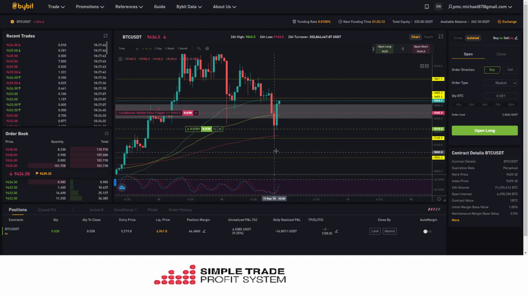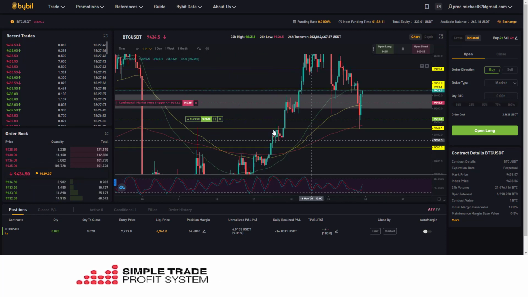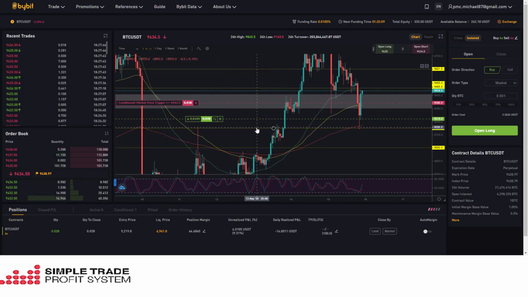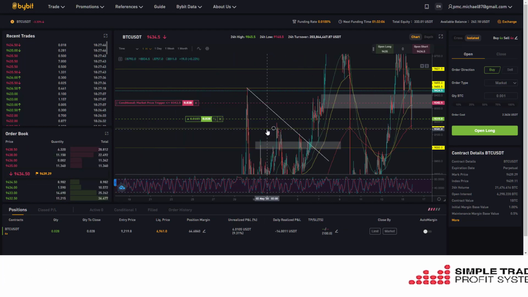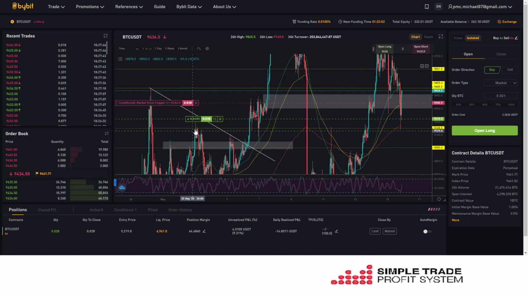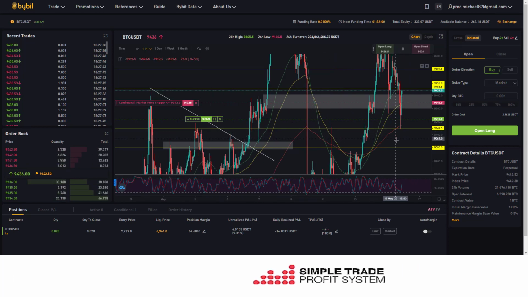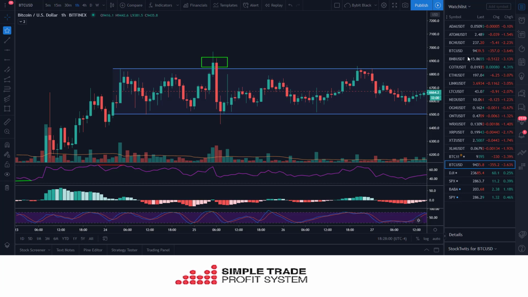But I knew 91.50 was a strong area of support. We can't see a lot of history on this chart, but there's some examples over here. Let's look at my chart.